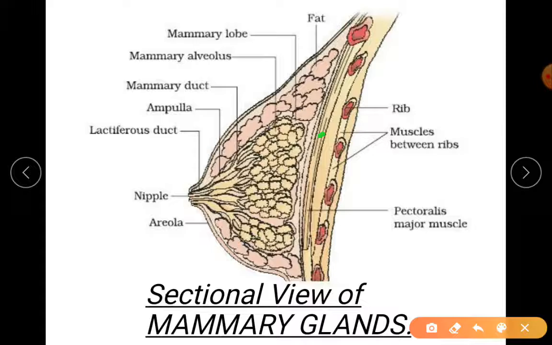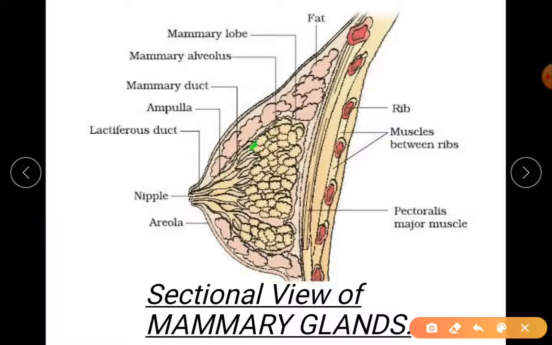Each breast consists of glandular tissue. This is called glandular tissue. Okay, glandular tissue is divided into 15 to 20 lobes, the mammary lobes. Each mammary lobe contains clusters of cells called alveoli. Alveoli secrete milk into the mammary tubule.